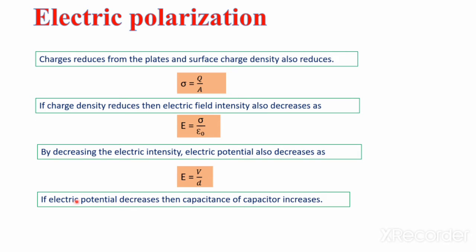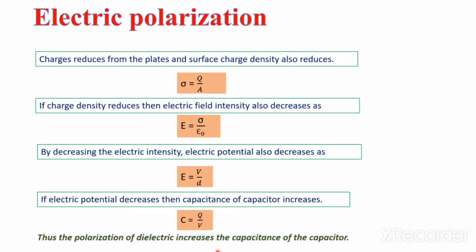If the electric potential decreases, then capacitance of the capacitor increases, because we know the relation C is equal to Q upon V. So due to reduction in electric potential, capacitance increases, because there is an inverse relation between capacitance and electric potential. So the polarization of dielectric increases the capacitance of the capacitor.